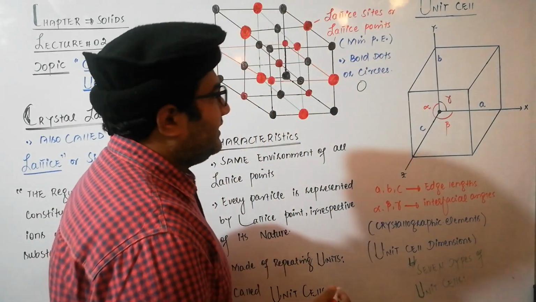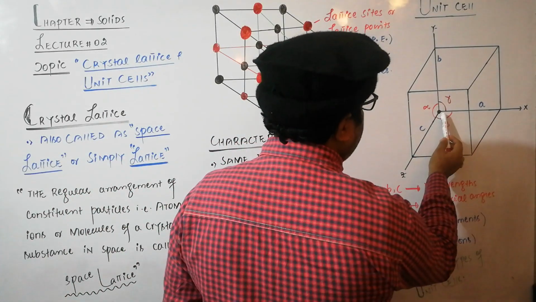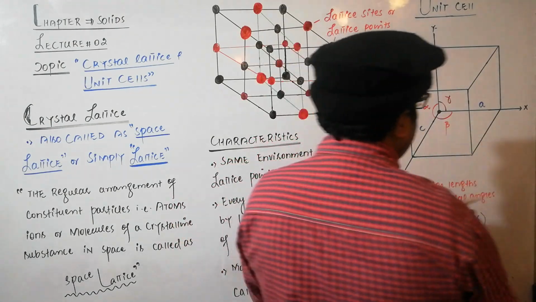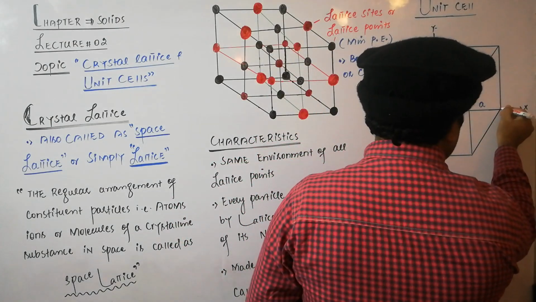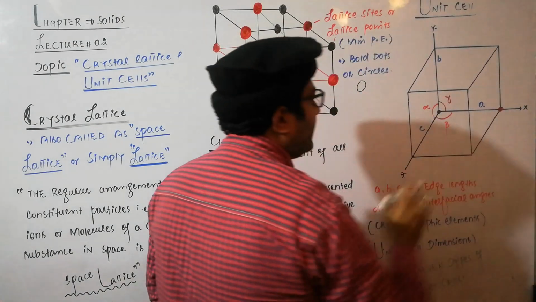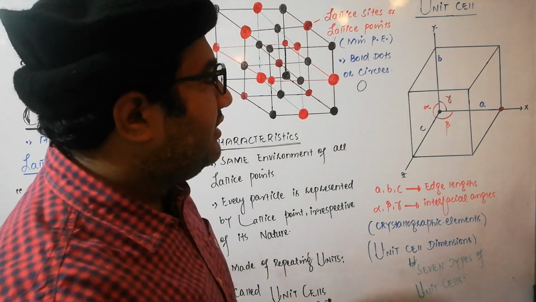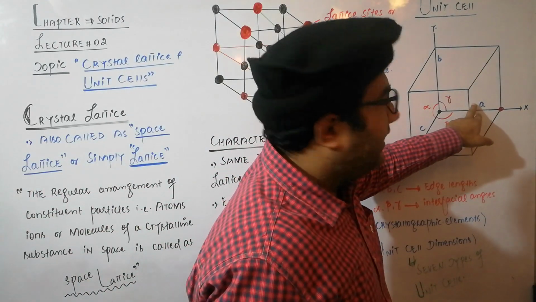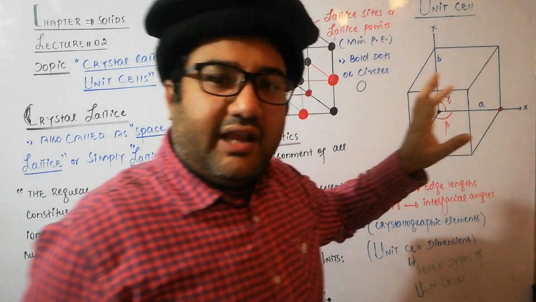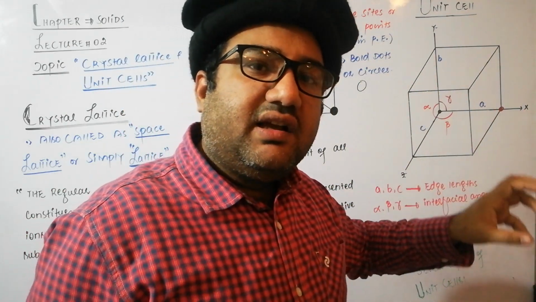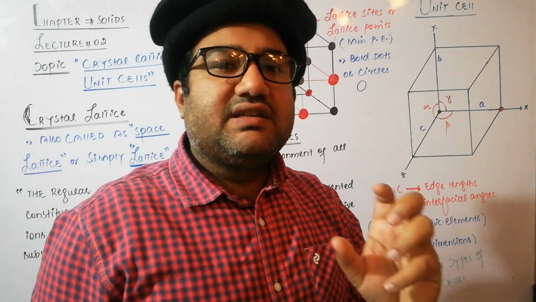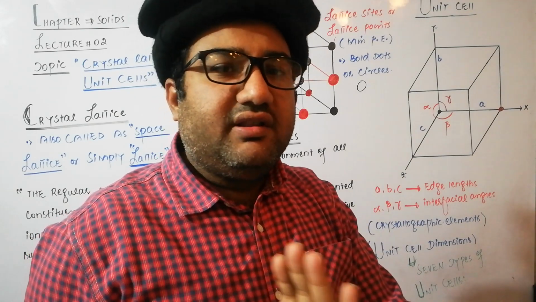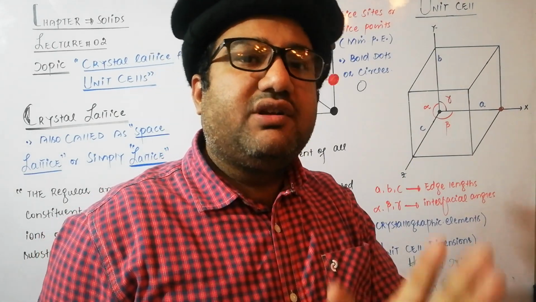Now the edge length, this is the origin, from this point to this point. This is an edge length and it is shown by the small letter a. Keep in mind that the edge length along the x-axis will be shown with the small a. You cannot replace this a with b or c.